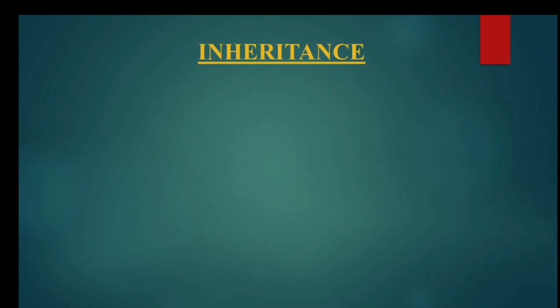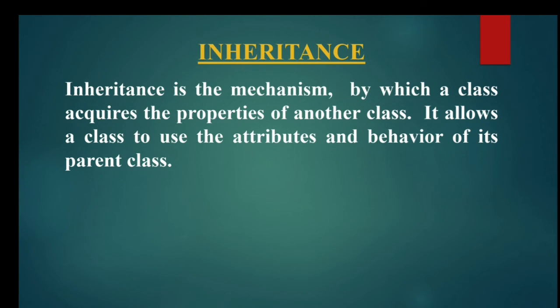Now, come to the inheritance. Inheritance is a mechanism by which a class acquires the properties of another class. It allows a class to use the attributes and behavior of its parents. Inheritance means to acquire properties from the other class.